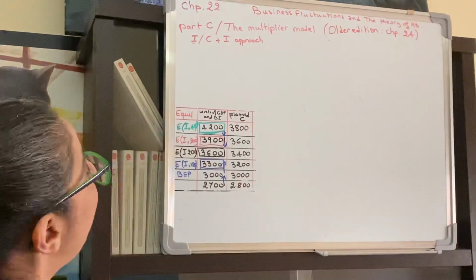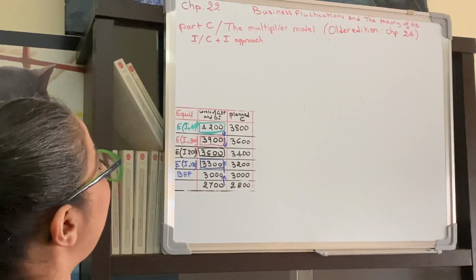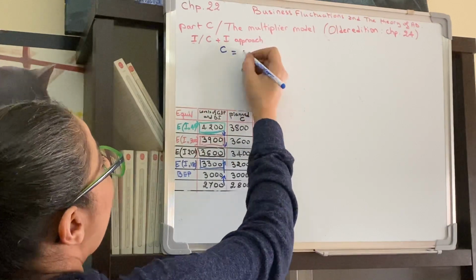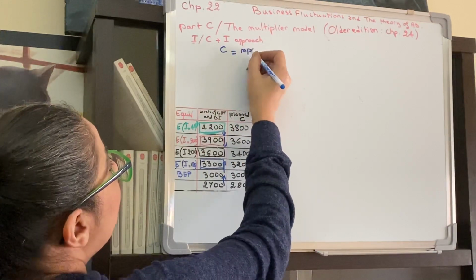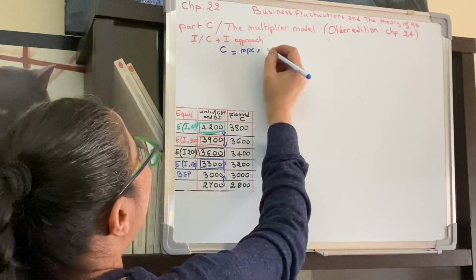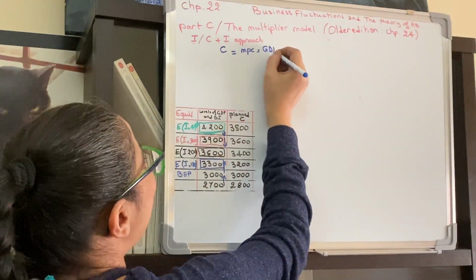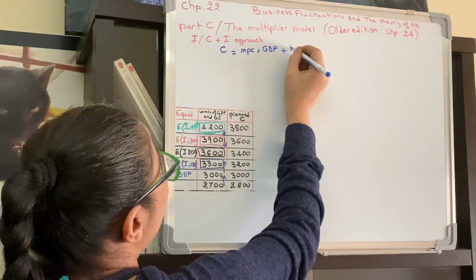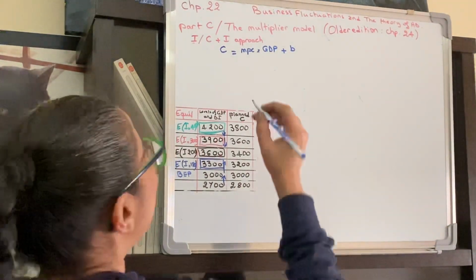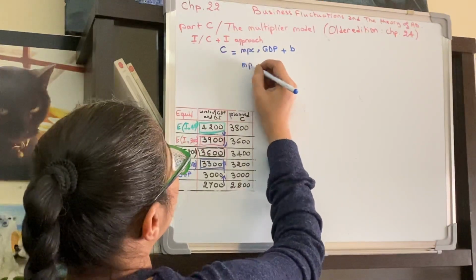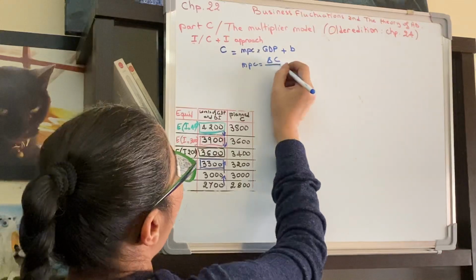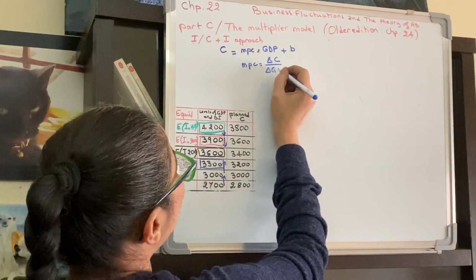So first I need to determine my C. The C function, remember, is equal to MPC times, now it's GDP, no longer DI, GDP plus B. So first thing I'm going to do is determine my MPC. So MPC is equal to delta C over delta GDP now.